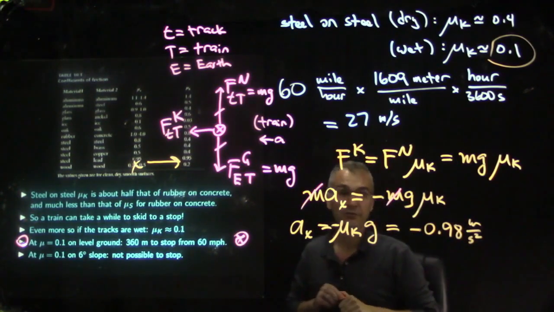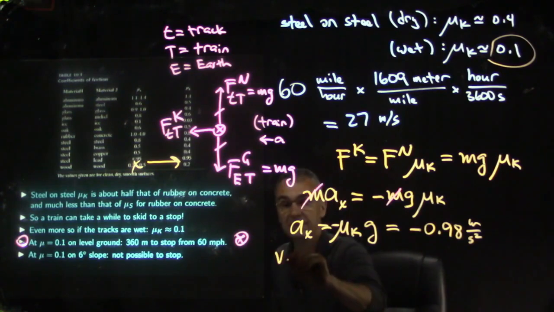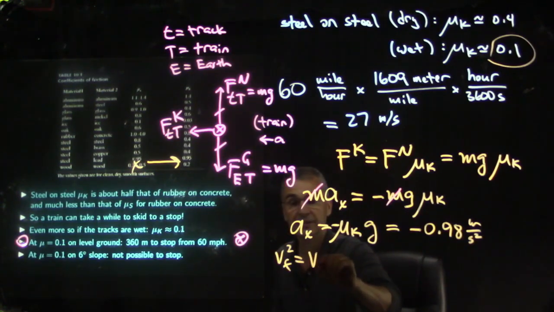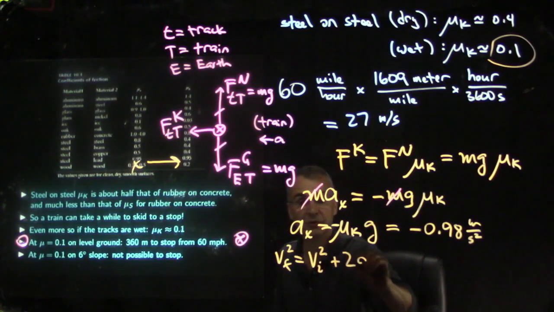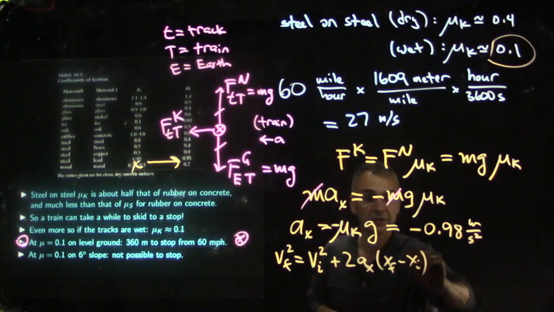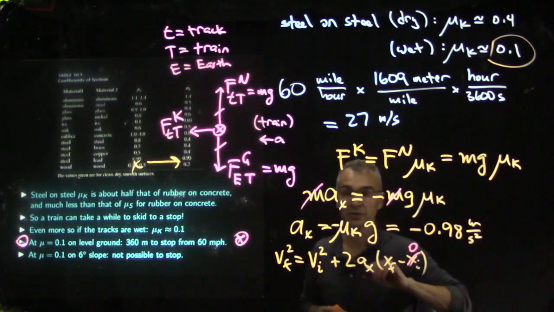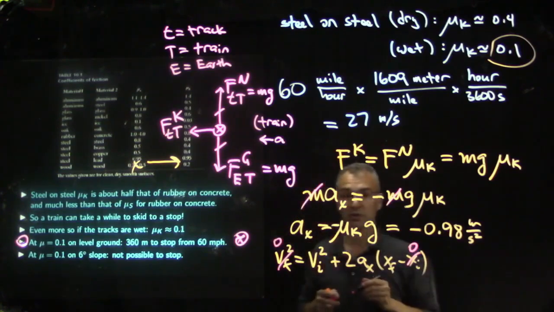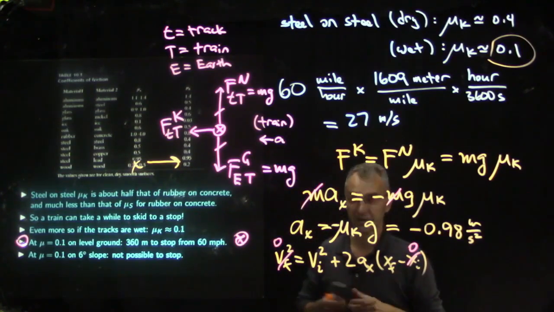And then we can use our favorite constant acceleration equation, v final squared equals v initial squared plus 2a sub x, x final minus x initial. And let's say we set x initial equal to 0, and let's say we set v final equal to 0, and we want to know what is x final when it stops.